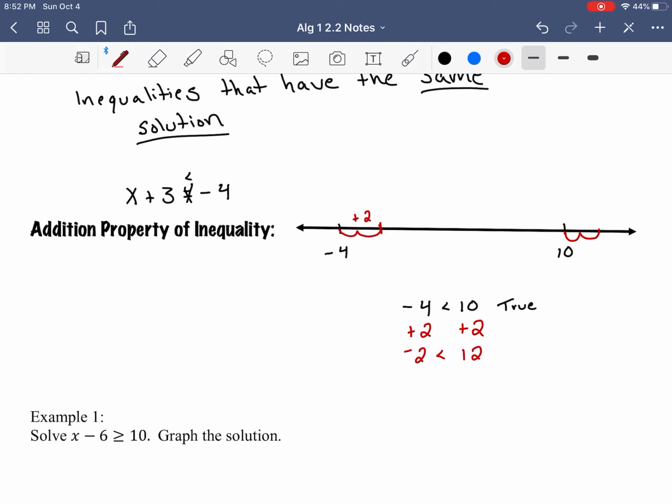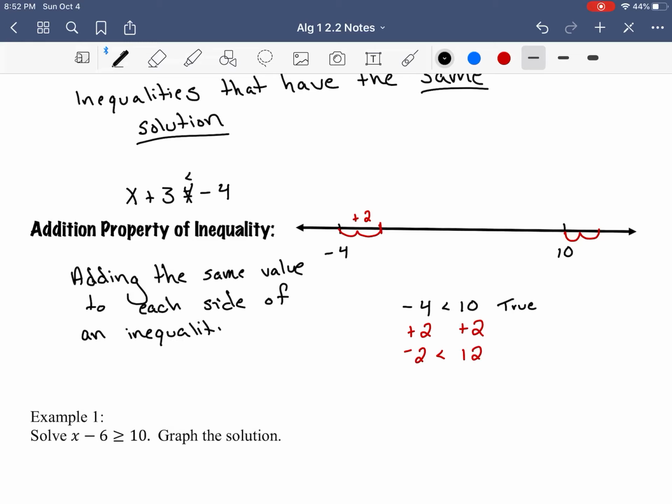So really what we've shown here is adding the same value to each side of an inequality produces an equivalent inequality.